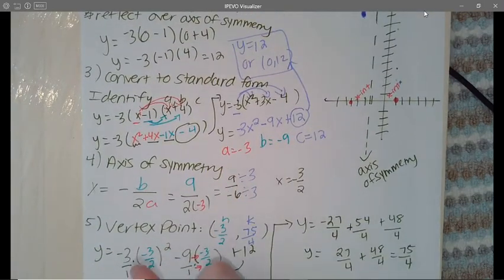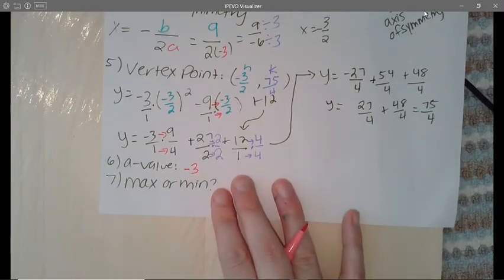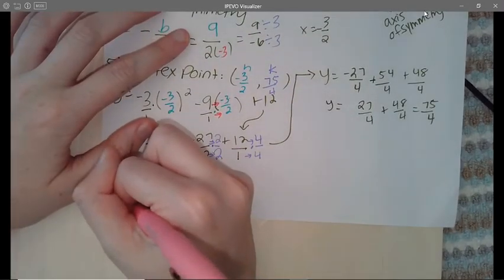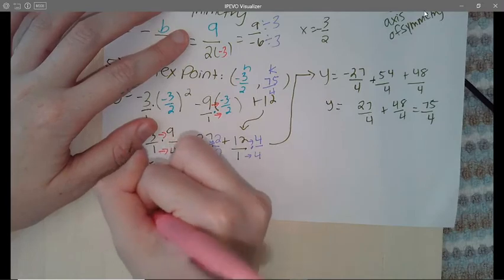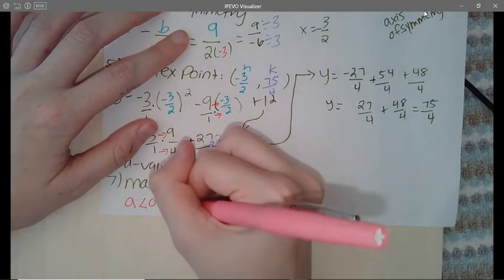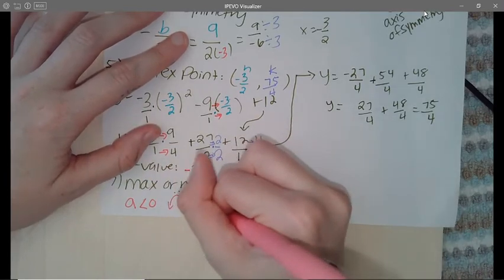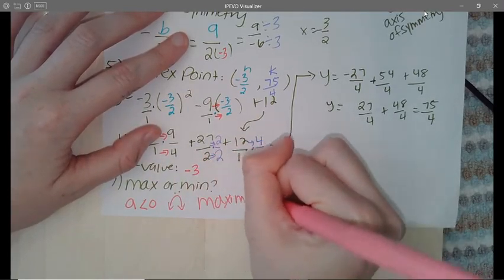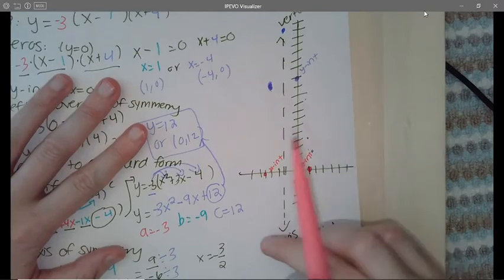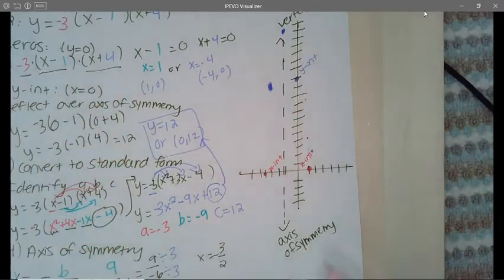So the a value is negative 3. So we know it's a negative graph, or a negative a value, so a is less than 0, which means it's a sad graph. It's negative, which means it's sad, and that means it has a maximum. Which makes sense, because our graph kind of looks like that already.